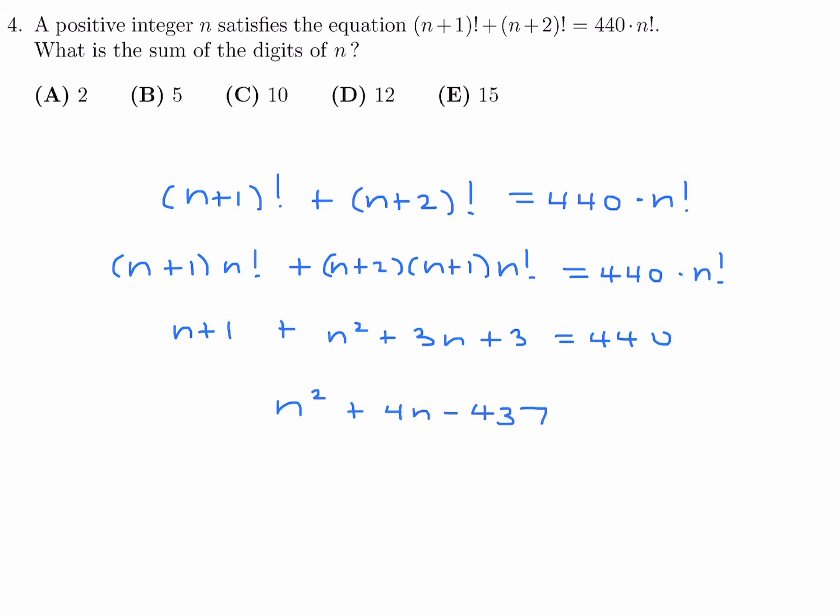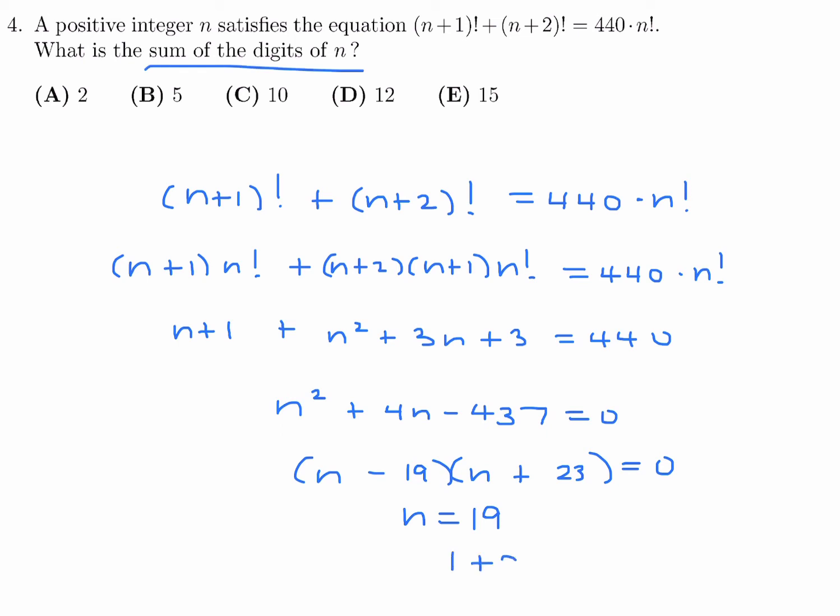And I think that factors. 437 is what, 19 times 23? So n positive, not negative, and therefore n is 19. So number 4, the answer. Oh, I've got to find the sum of the digits of n. That would be 1 plus 9. So that's 10. Okay. Number 4, the answer is C.